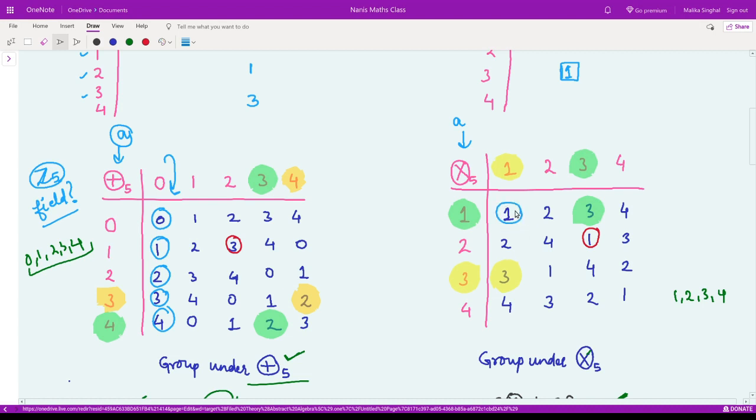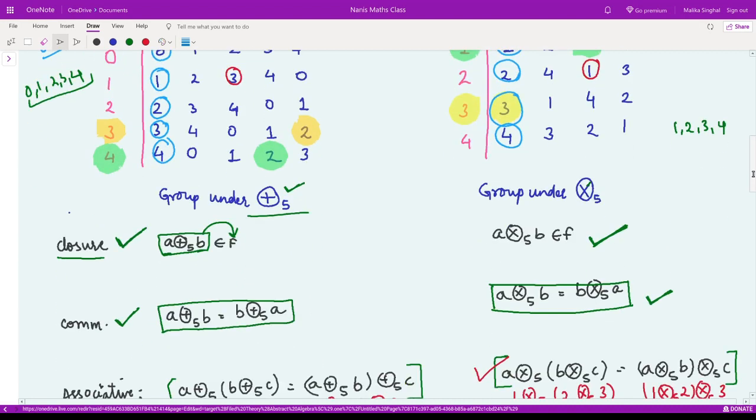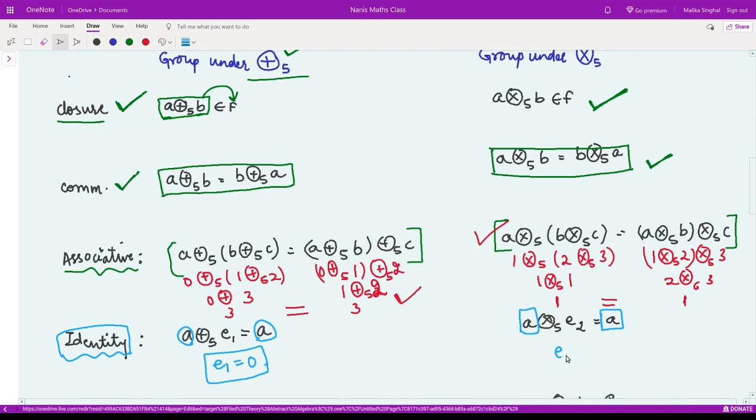Here. Then for 2 I get 2 again here. For 3 I get 3 again here, and for 4 I get 4 again here, right? So what is my multiplicative identity mod 5? It should be equal to 1. So E2 is equal to 1. So we have the multiplicative mod 5 identity equal to 1. So these two properties are also correct, right?